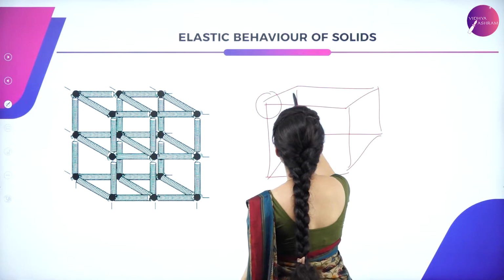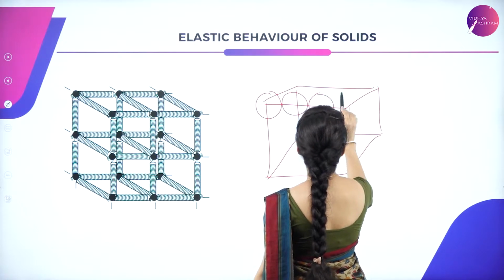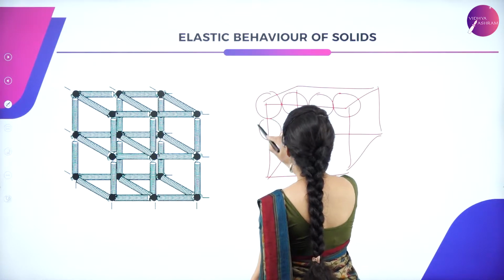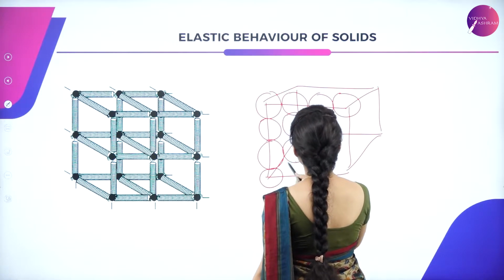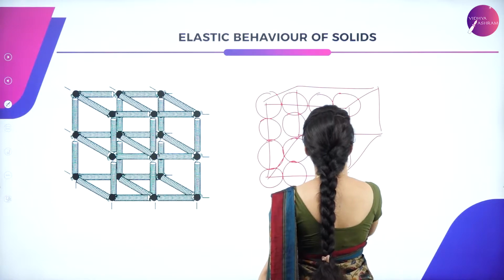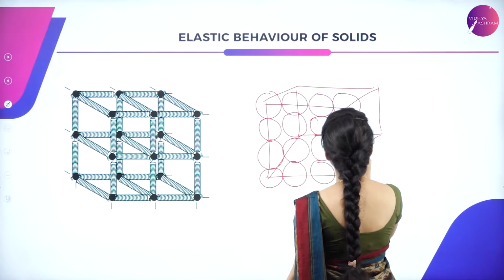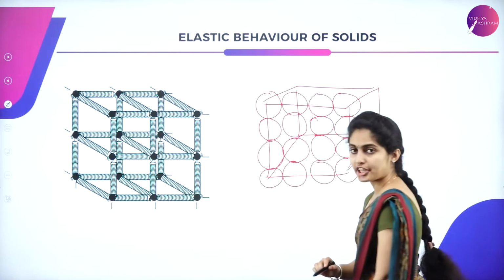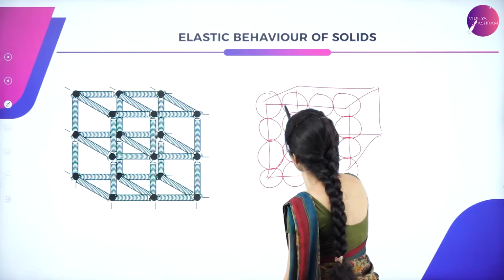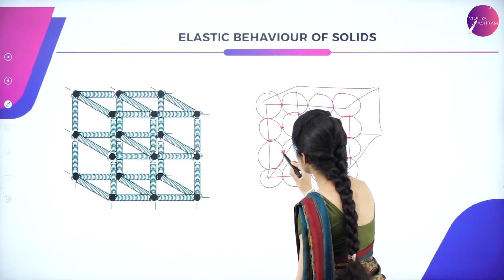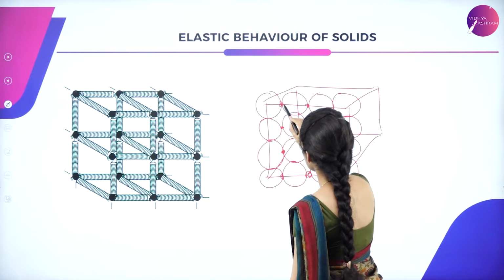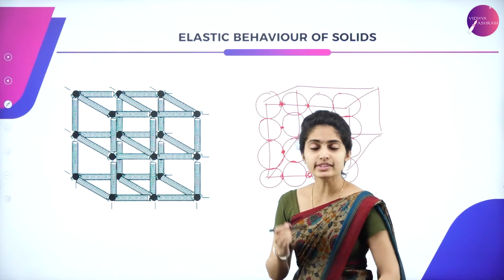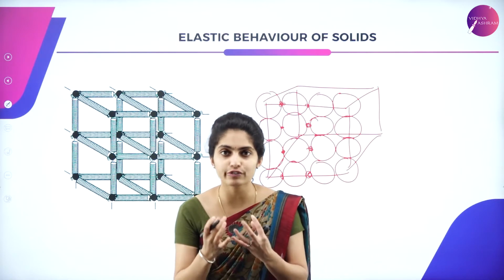Here the solid molecules or atoms are present, so very tightly packed that there is no movement of the molecules within the object. There is a certain force of attraction between these two molecules.